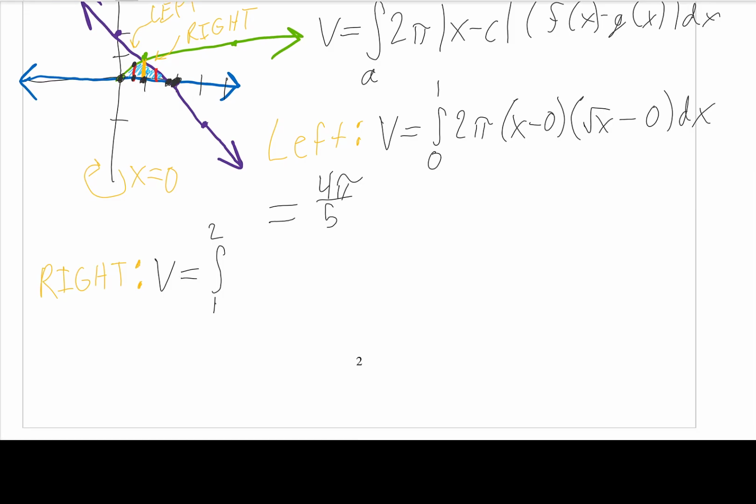So it's the integral from 1 to 2 of 2 pi times, right, we're to the right of our axis of rotation. So it's going to be x minus 0 instead of 0 minus x. And we'll have top minus bottom.